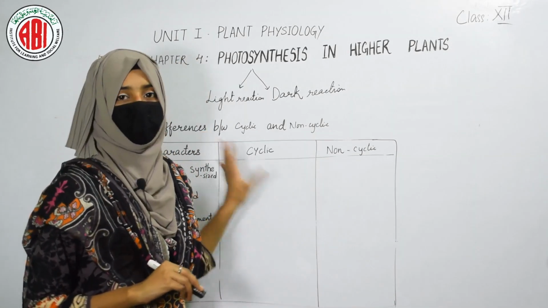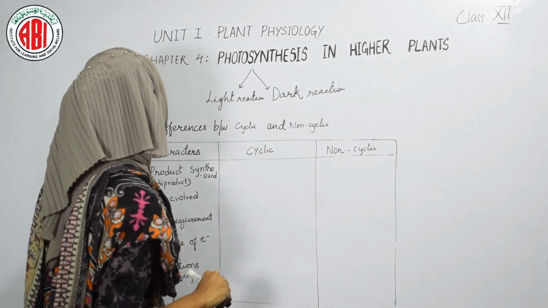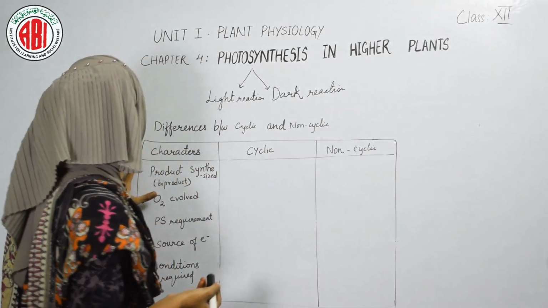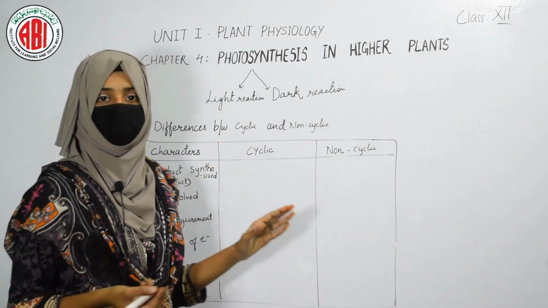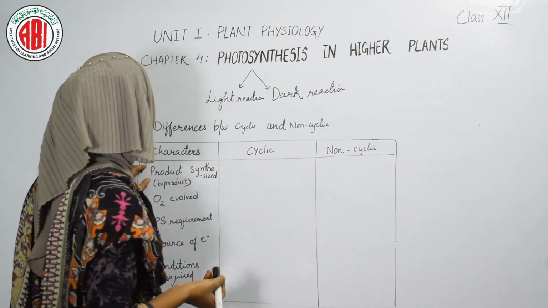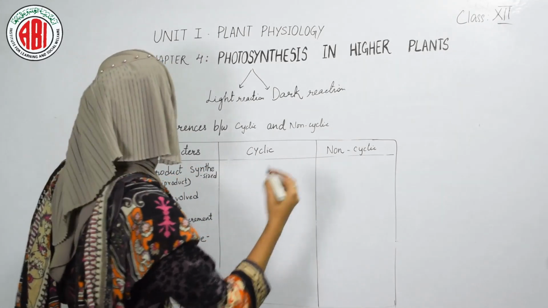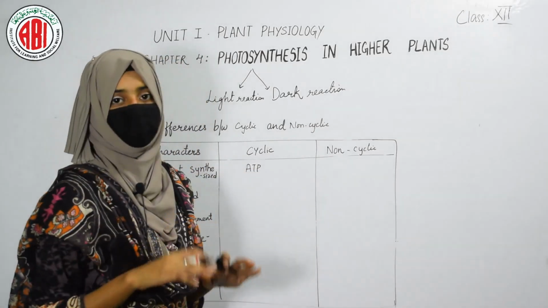Let us see the comparison between cyclic and non-cyclic photophosphorylation, which are the light reactions. The first character on which we are differentiating them is product synthesized. In cyclic photophosphorylation, we have already seen that ATP is synthesized and there is no reducing power.